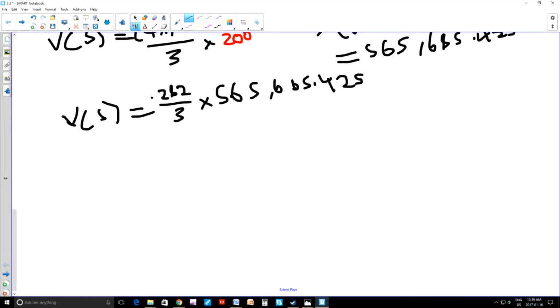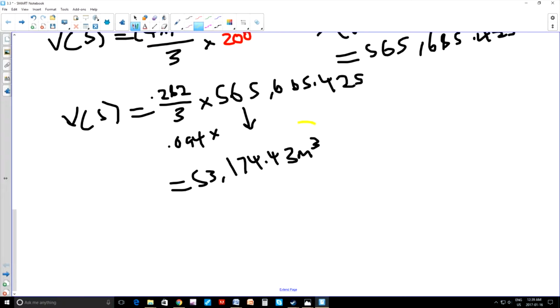Now if you evaluate this, this is 0.094 times this number, which will equal 53,174.43 meters cubed. Because it is volume, it must be meters cubed. So this is our final answer for this question.